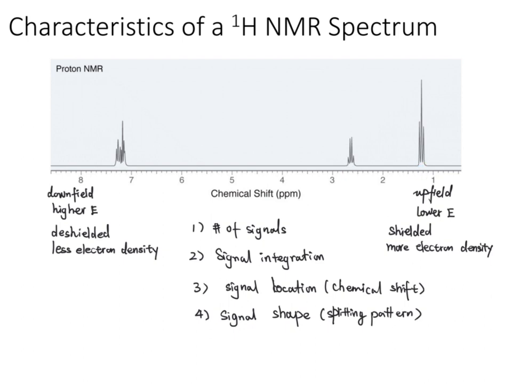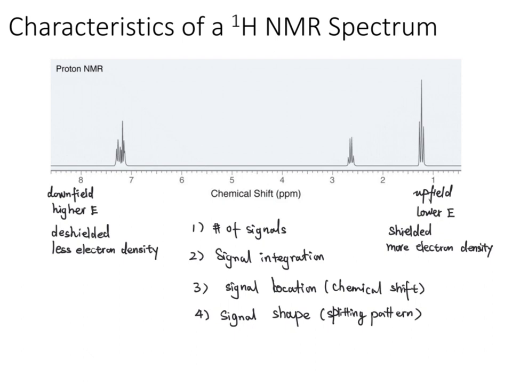All these signals are at different locations, that is the chemical shift, and have different shapes. This one is a small peak, a big peak, and a small peak. This one has 4 peaks inside. All these characteristics of a proton NMR will help us figure out the structure of the molecule.